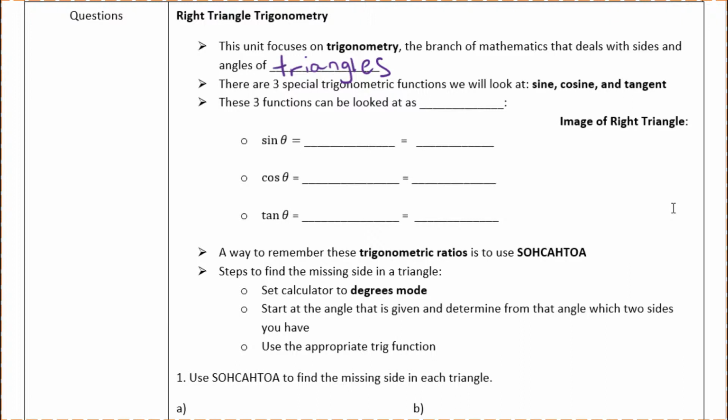So we have sine, cosine, and tangent. These three functions can be looked at as ratios. I'll draw a picture of a right triangle so you know how it looks.